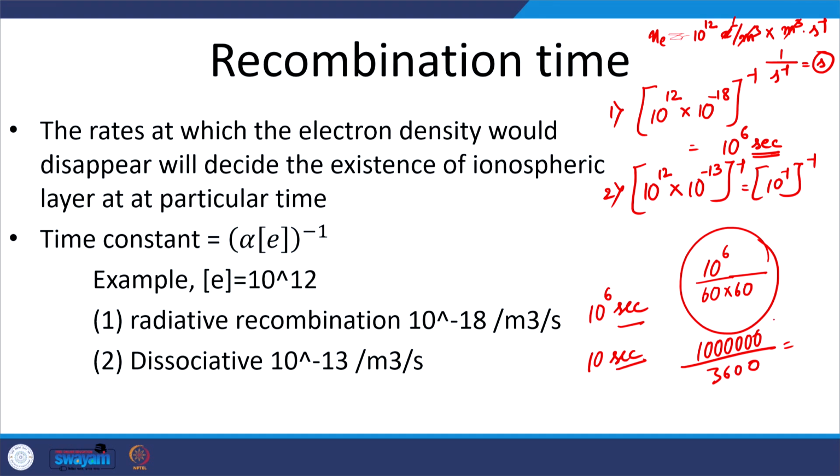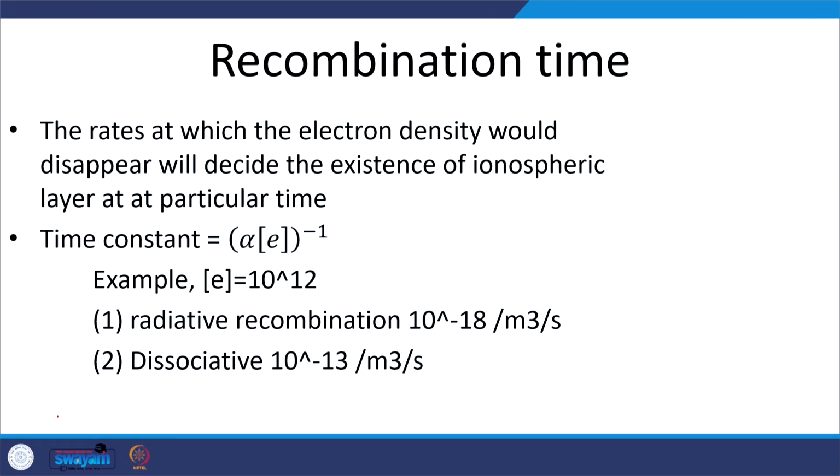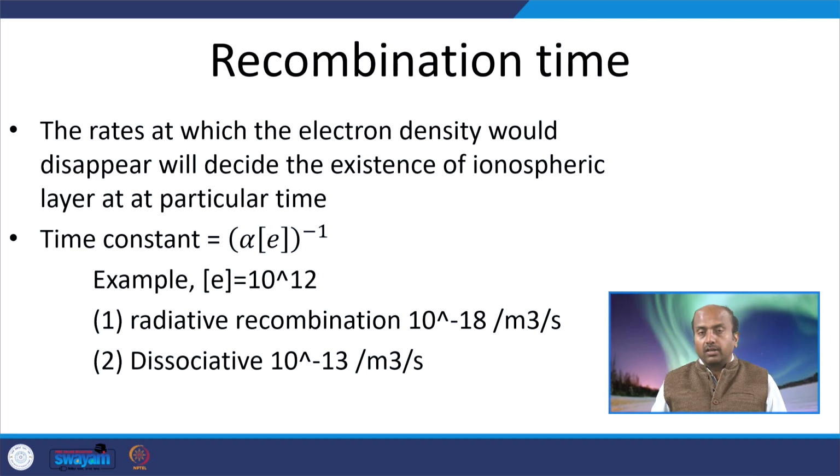So, it is still a lot of hours, right. So, reasonably speaking, if radiative recombination alone is to take care of the entire electron density, it will take several hours, several hundreds of hours, and dissociative recombination will take a few seconds, that is it.